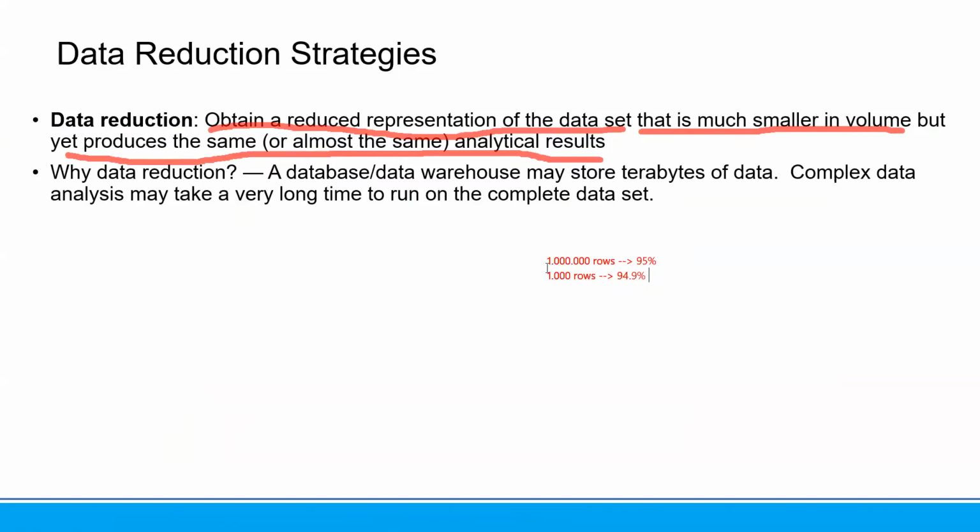So we can try to use the data reduction. We don't need to use the 1 million data because we can just use the 1000 data. So we can see the reason why we need to do this data reduction.